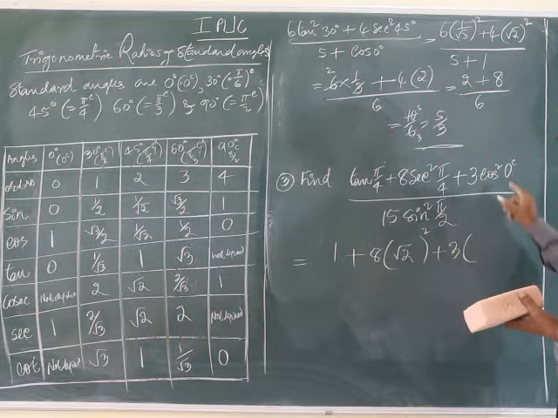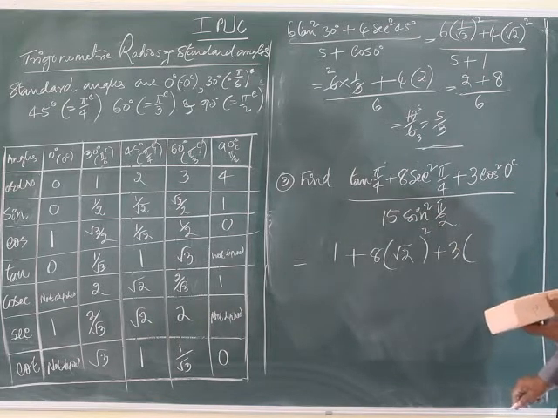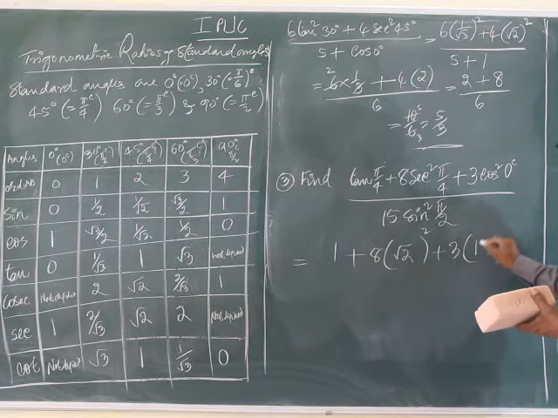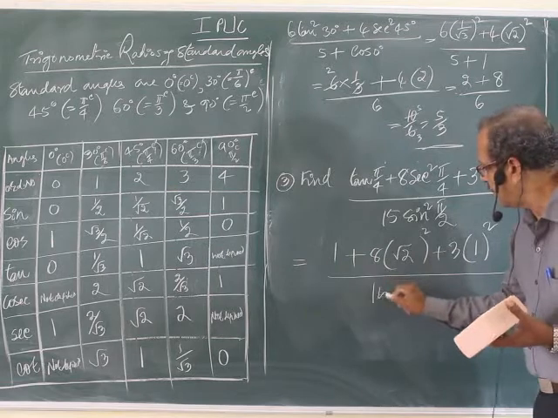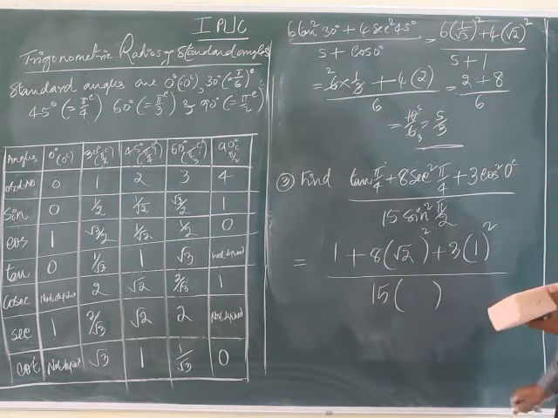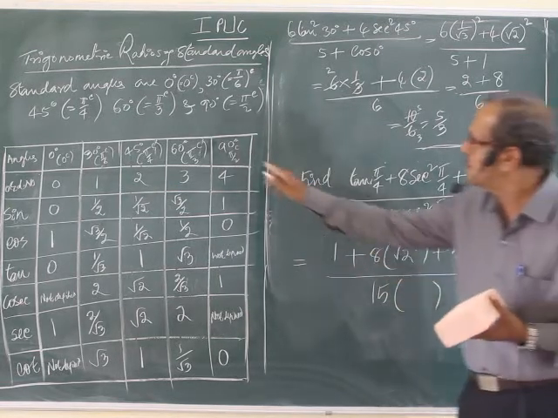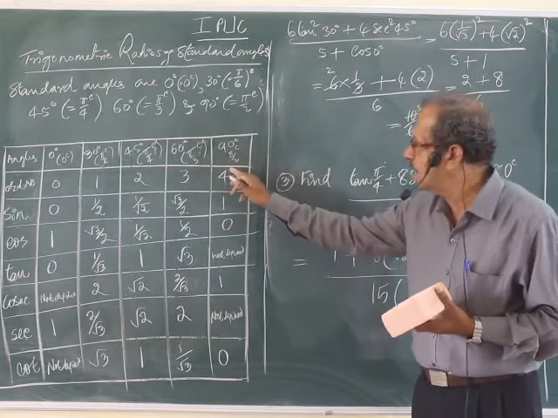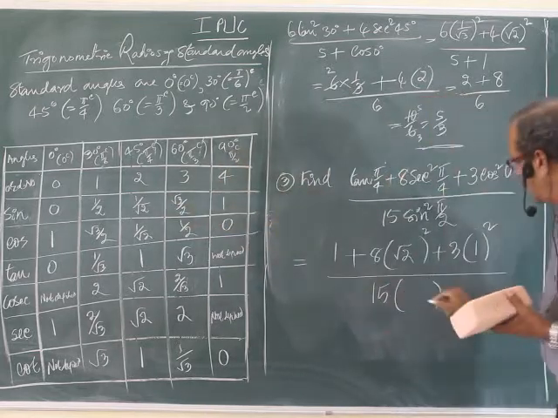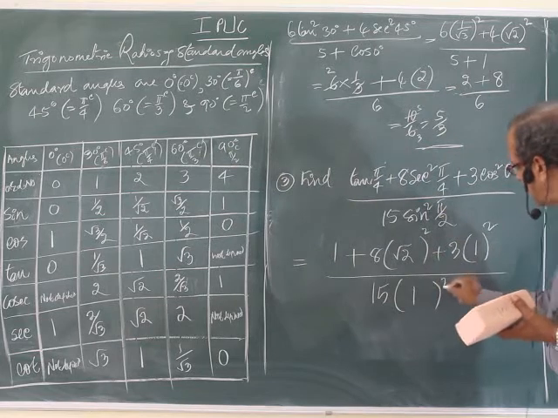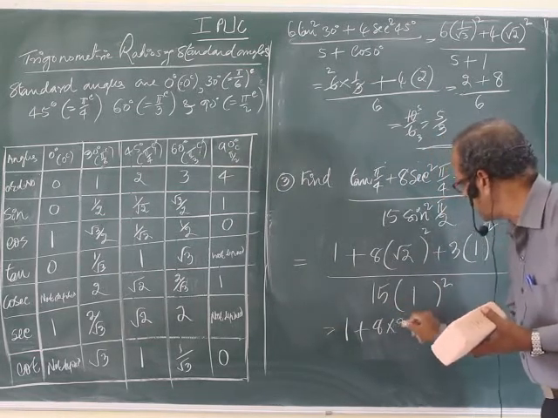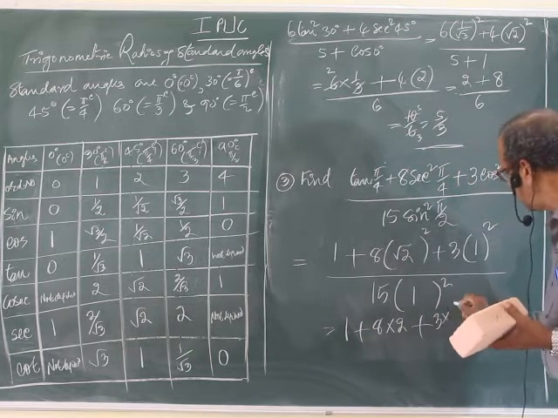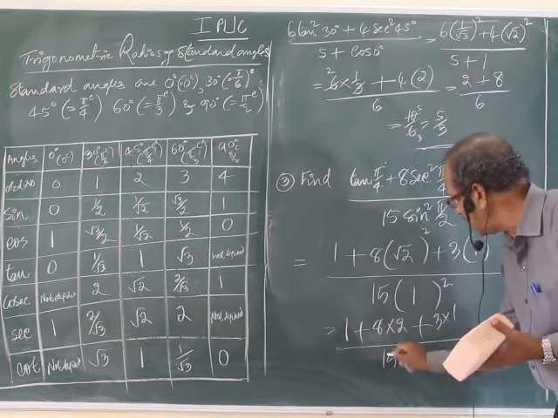Plus 3 into cos 0. 0 radian, 0 degree, 1 and the same. Cos 0, 1. But square anyway. Divided by 15 into sin pi by 2. 90 degrees actually pi by 2. Sin 90 is 1. So 1 but square is there.